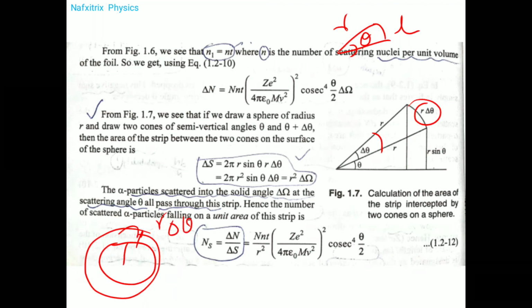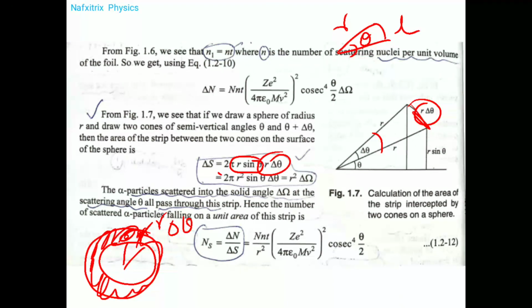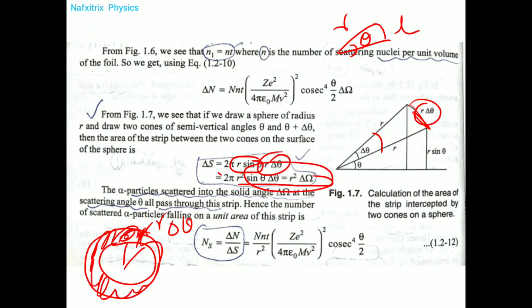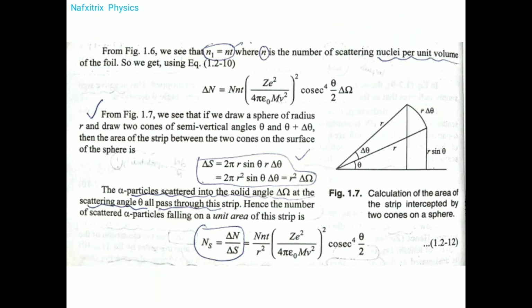So the area between these two cones is 2 pi, the radius of the inner circle r sine theta, and r delta theta, the angle between these two rings of the cones, that is the length of the arc. So from this, 2 pi r square sine theta delta theta. So this is the thing.